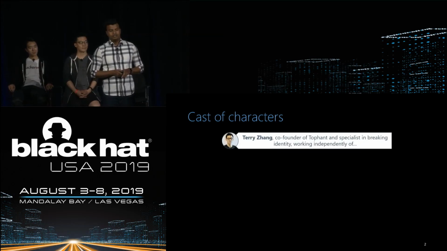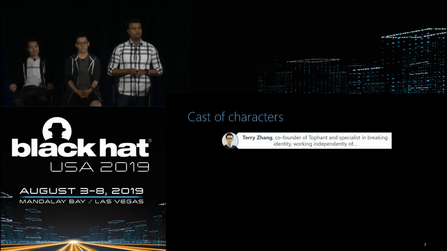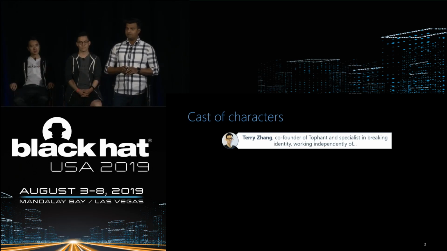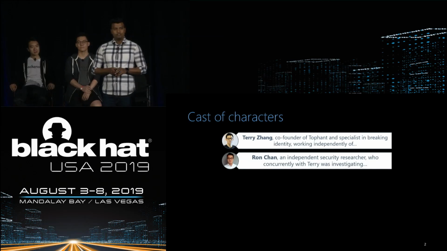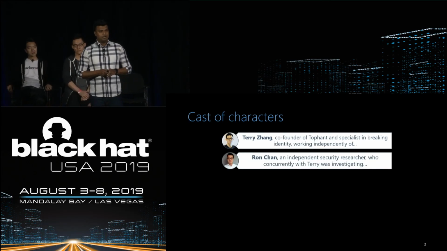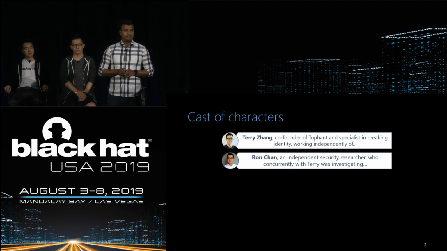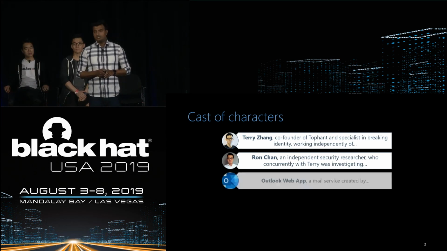First, we have Terry Zhang, who is co-founder of Tofant and a specialist in breaking identity, who was working independently of Ron Chan, an independent security researcher who was concurrently with Terry investigating an issue in Outlook Web App.